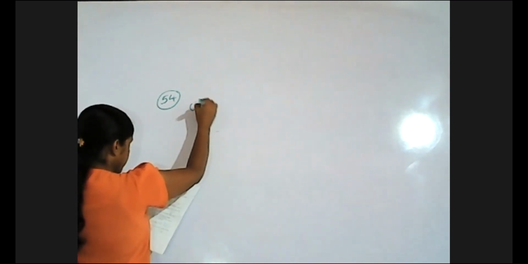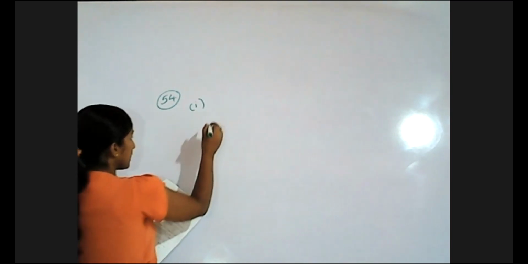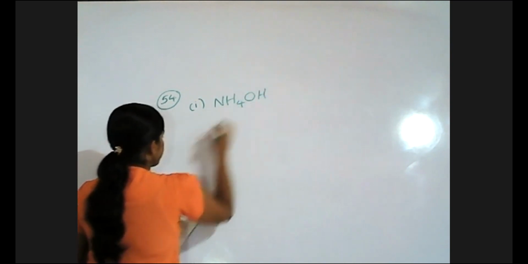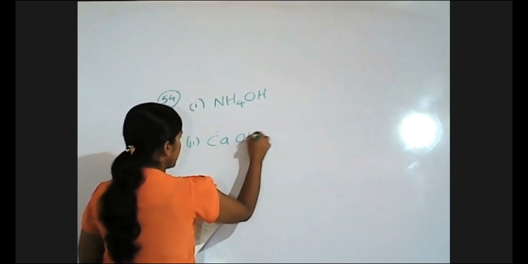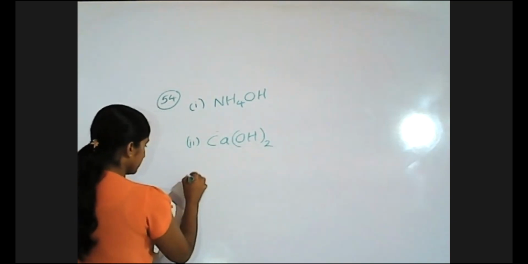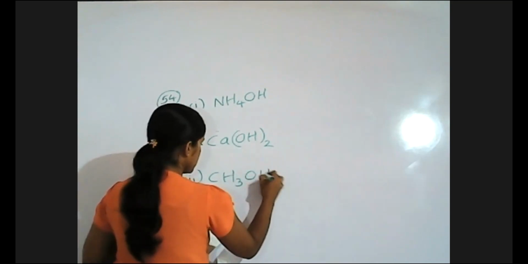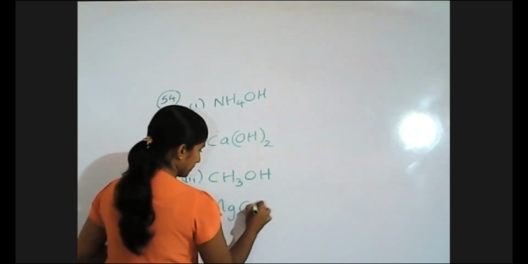We will see. Look at the first one, that is ammonium hydroxide. Second one, calcium hydroxide. Third one, CH3OH. Fourth one, magnesium carbonate.